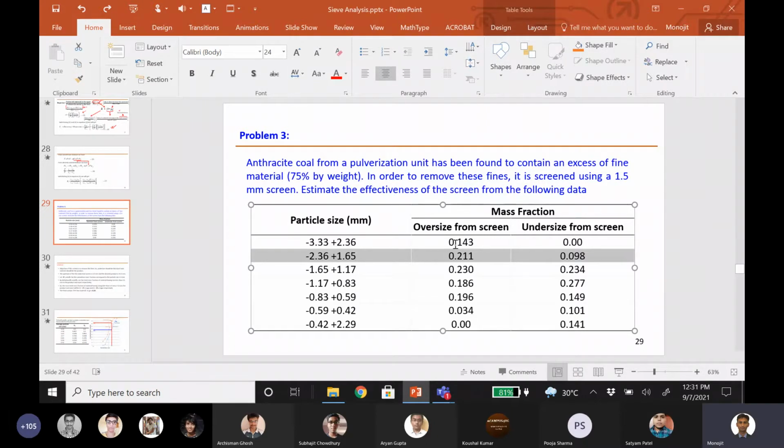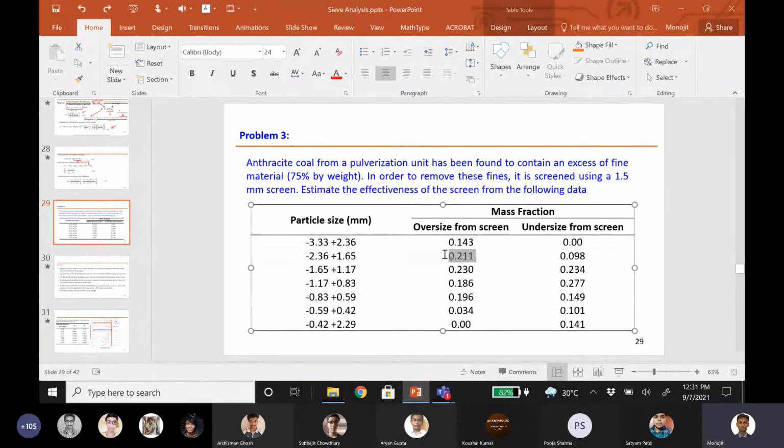What about the second column? This 2.11, what do you understand by this? Sir, it means the mass fraction that is staying on the screen, not passing through it. So the mass fraction of the product on oversize. Let's take it as oversize, since I don't know the problem, only the table. So it's the mass fraction of your oversize.